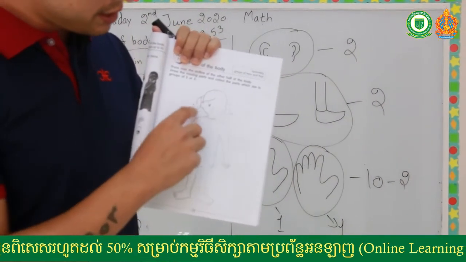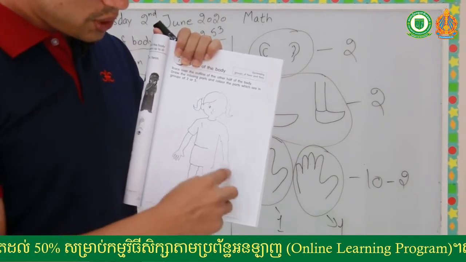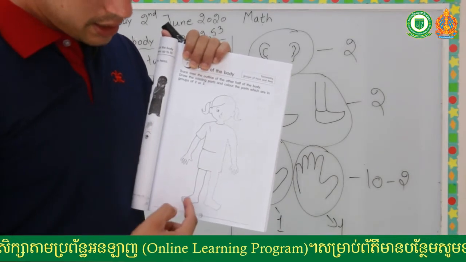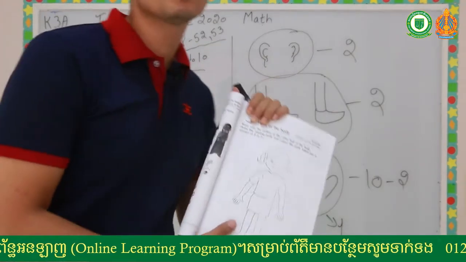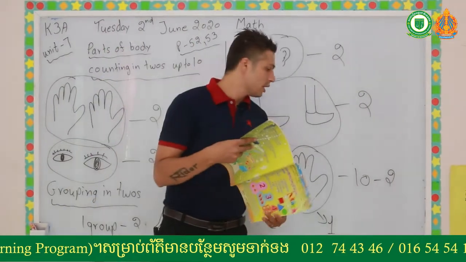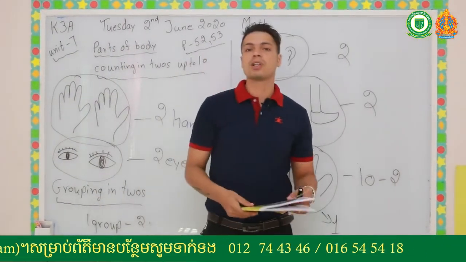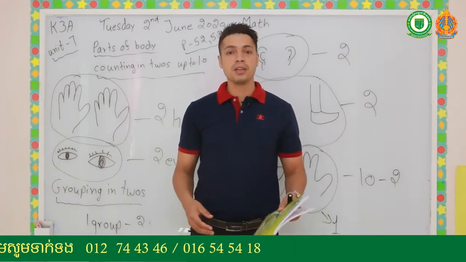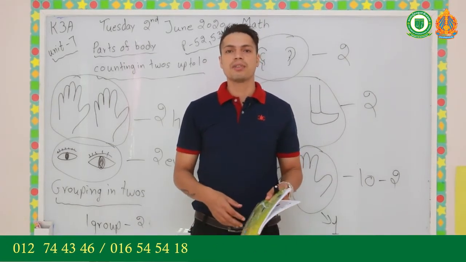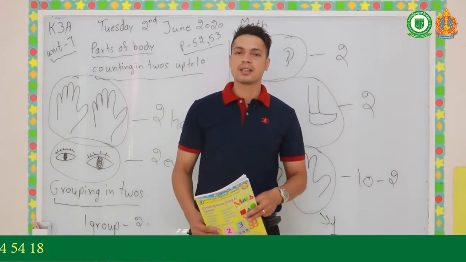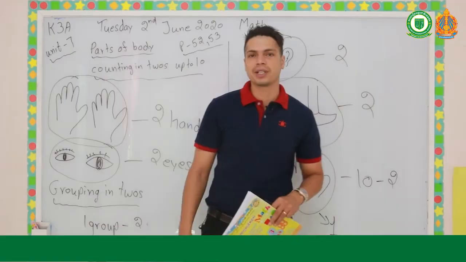So 2 eyes, 2 ears, 2 hands, 2 arms, 2 legs, 2 feet. That means counting body parts in twos. So this is it for our first video. I will see you in the next video, and be ready to do your task, your activity. Be ready with your textbook, notebook, pencil, eraser and sharpener. I will see you in the next video.